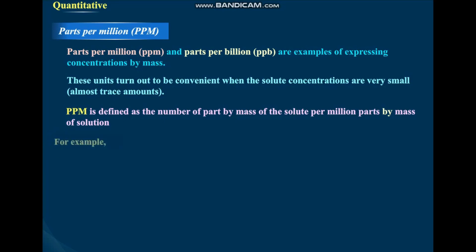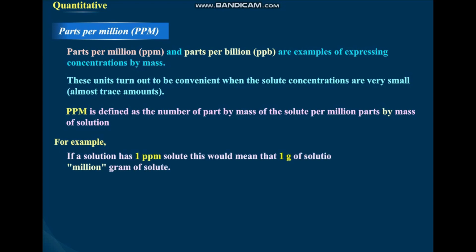That is, ppm is defined as the number of part by mass of the solute per million parts by mass of the solution. To be more clear, for example, if a solution has 1 ppm solute, this would mean that 1 million grams of the solution would have 1 gram of the solute. That is the meaning of it.